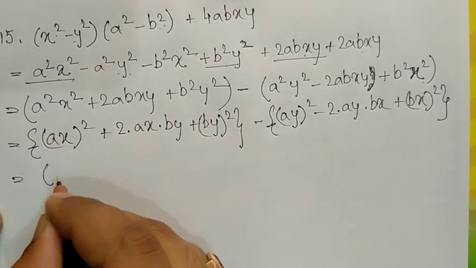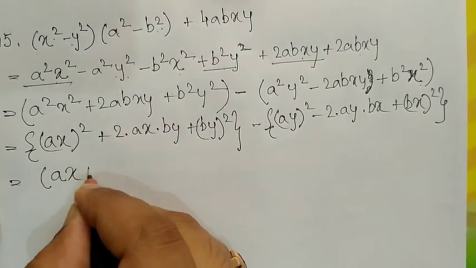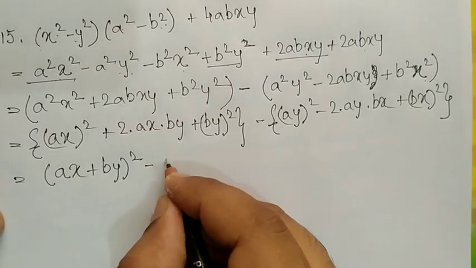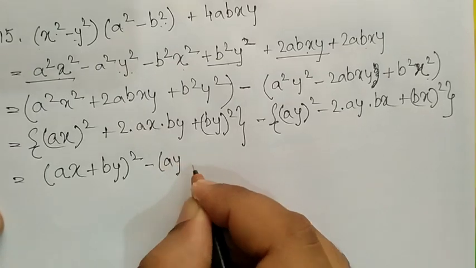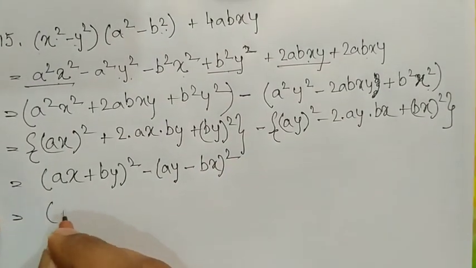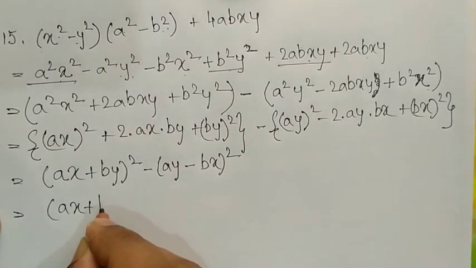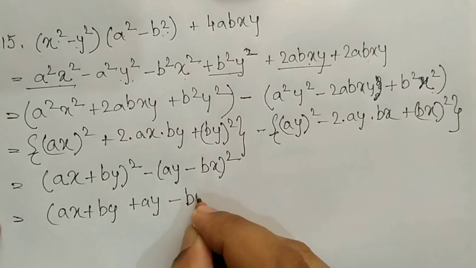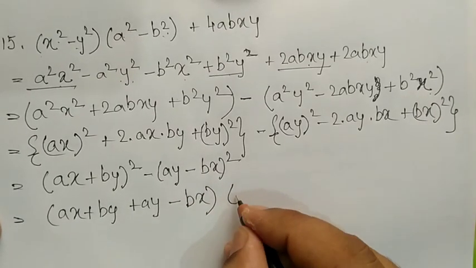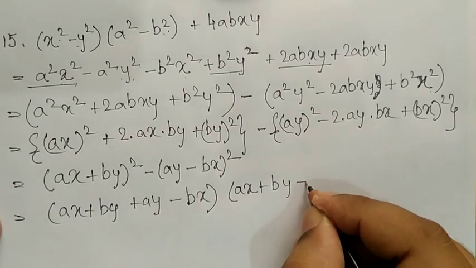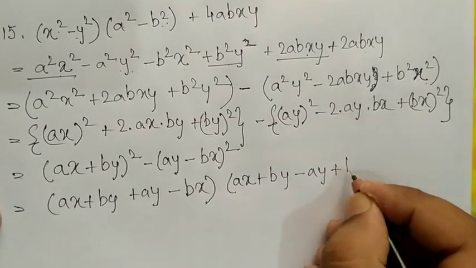So the first three terms I can write as ax plus by whole square, and the last three terms we can write as ay minus bx whole square. a square minus b square form: ax plus by plus ay minus bx, ax plus by minus ay plus bx.